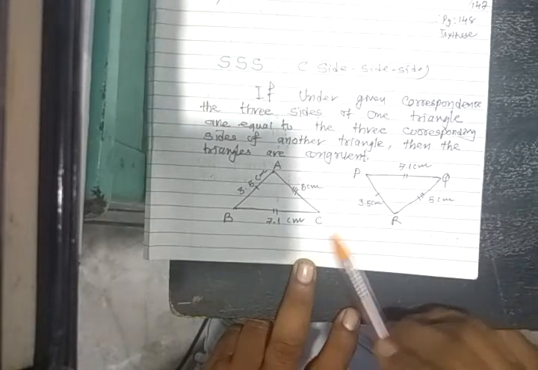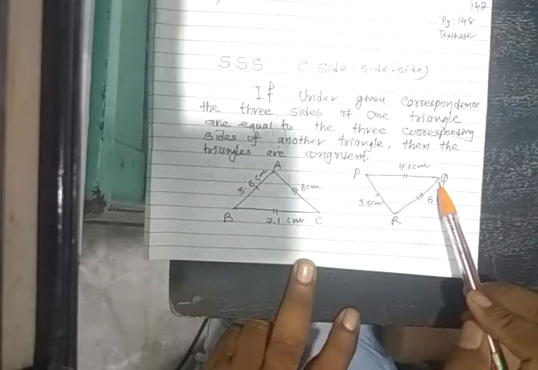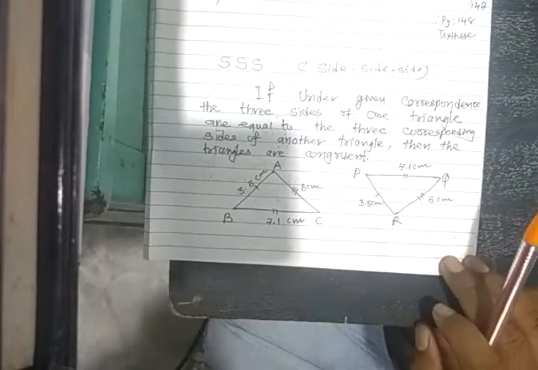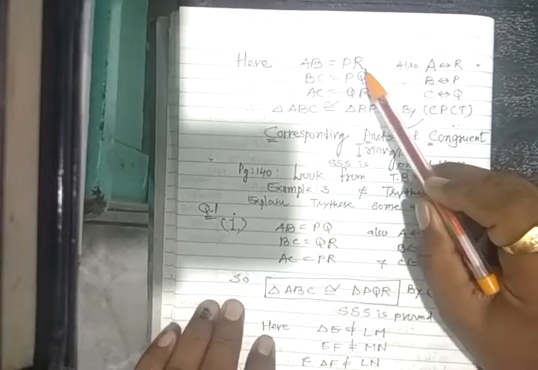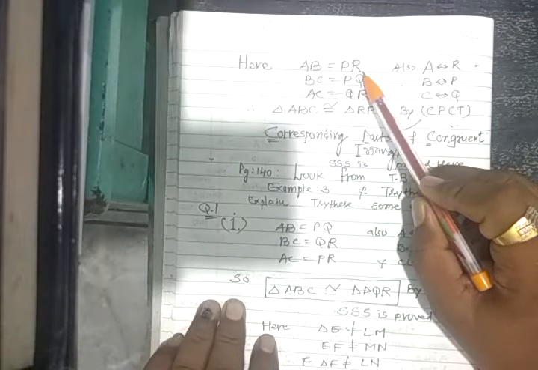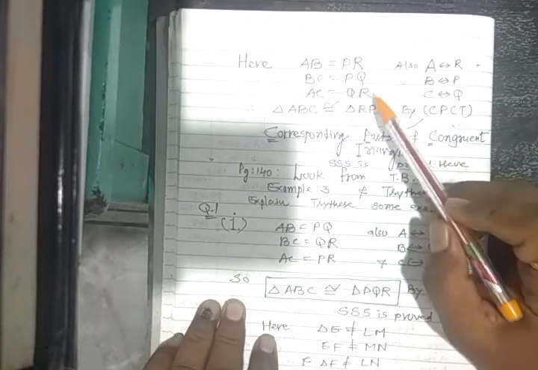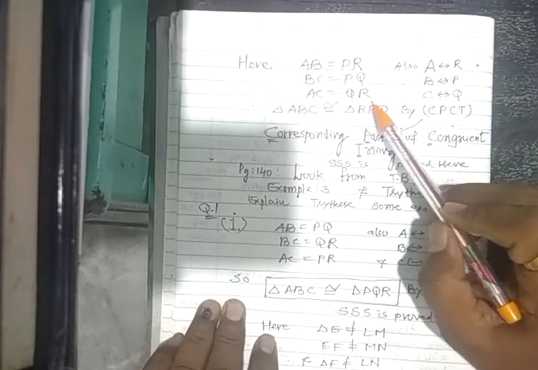Then BC corresponds to PQ. Here AB is equal to PR. Look from figure, BC is equal to PQ, AC is equal to QR.